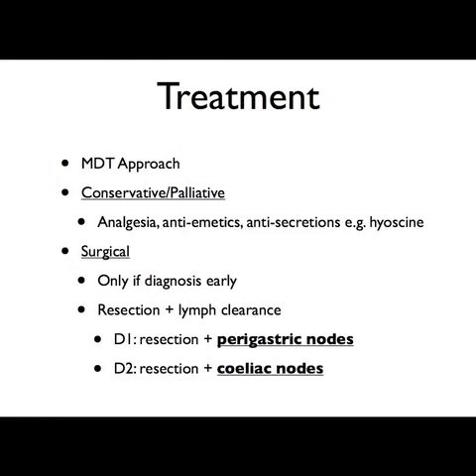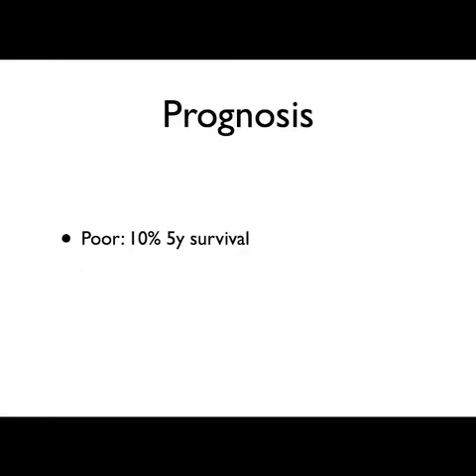In certain circumstances, you might want to take a bit of the pancreas, and the spleen can be involved as well. Prognosis isn't great, is it? No, but not as bad as oesophageal. Prognosis is about 10% at 5 years for stomach cancer.